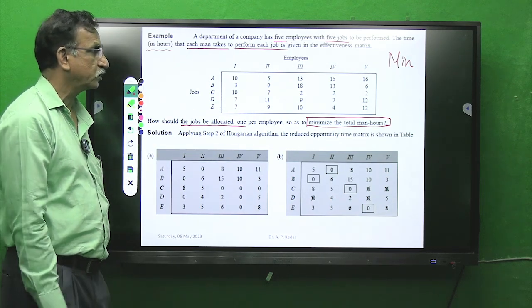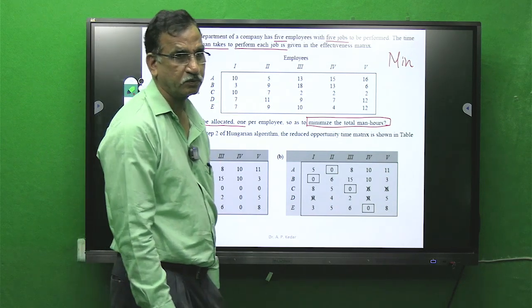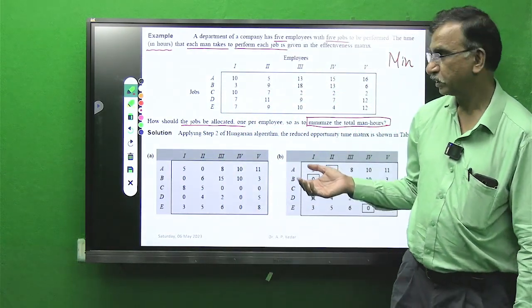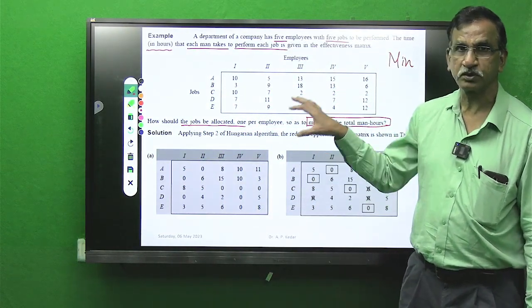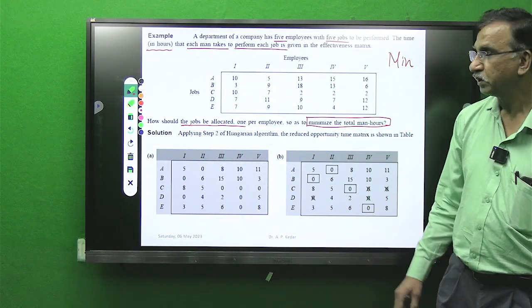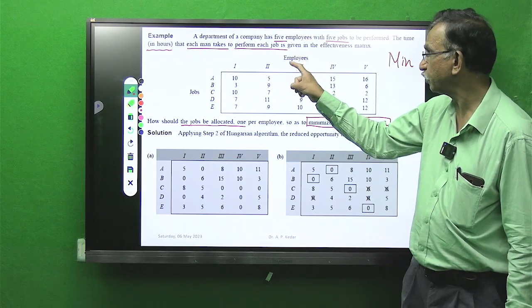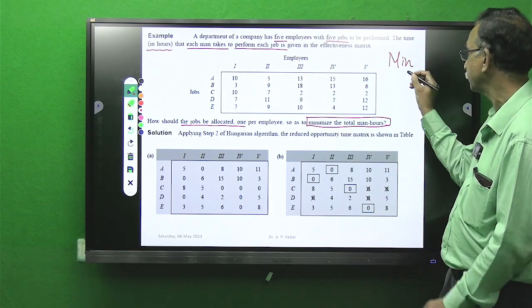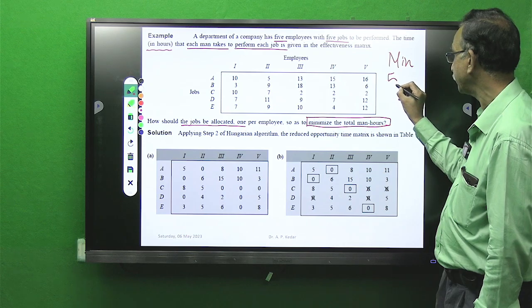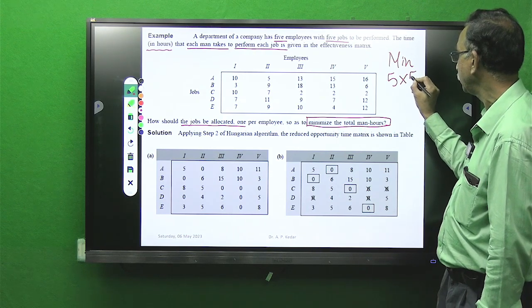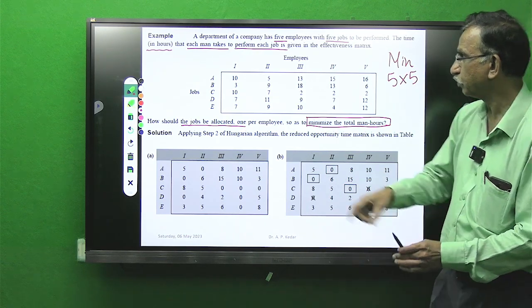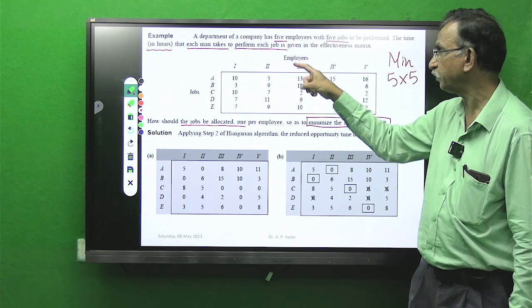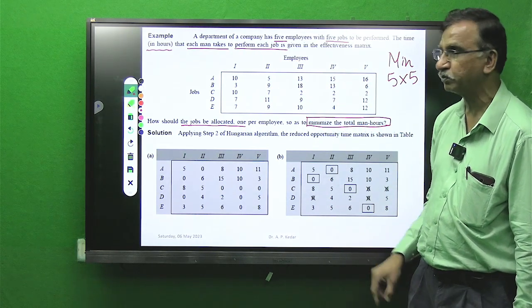Now, this is again revision, we have already solved a complete problem pertaining to this structure. So this is a 5 by 5 matrix, meaning it is a square matrix, 5 jobs and 5 employees.